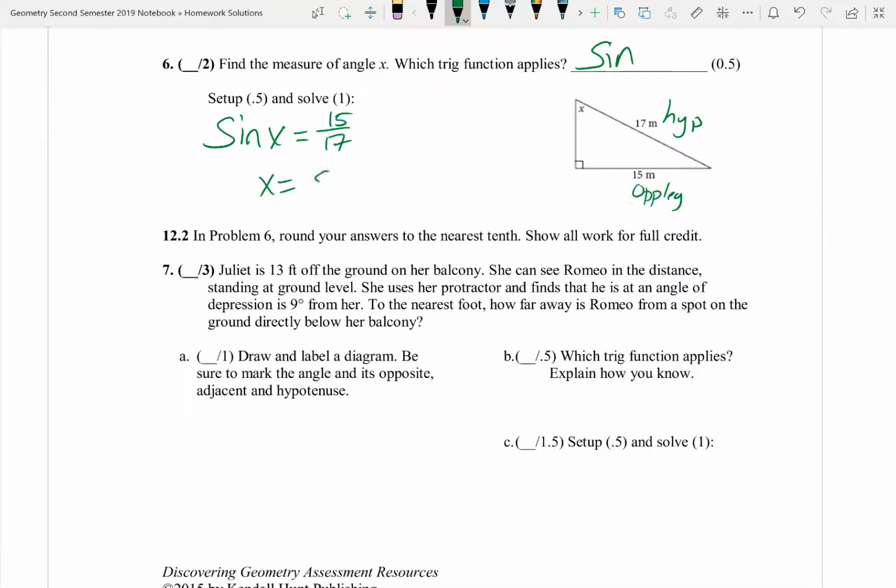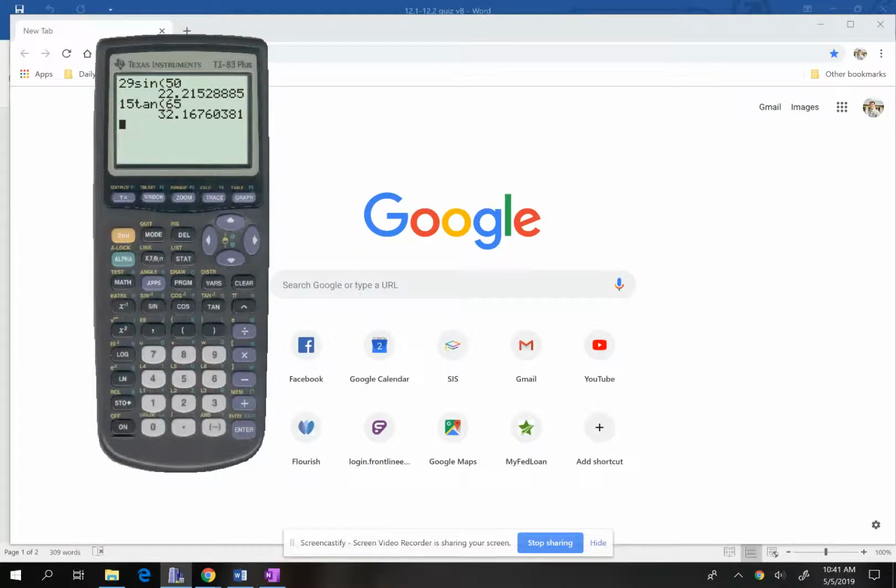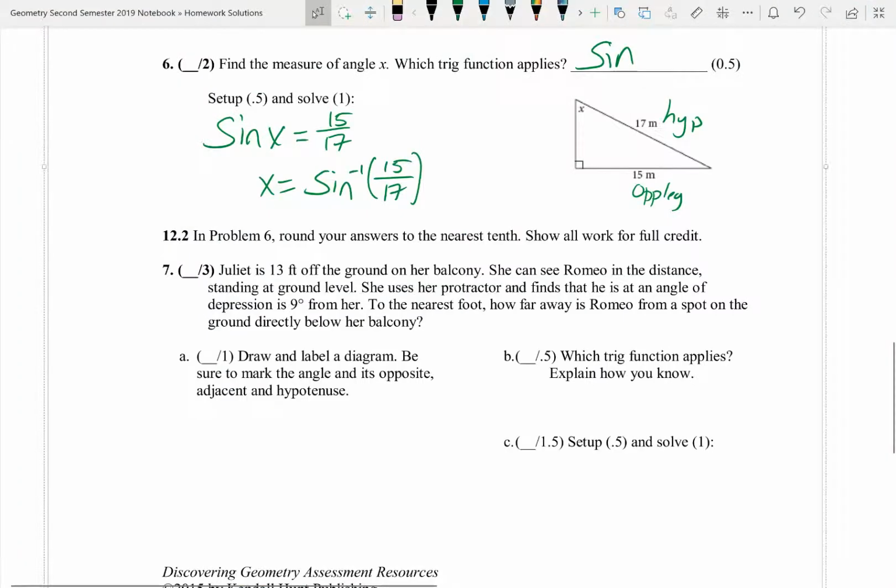So x is going to equal inverse sine, written just like this, of that ratio. And I'll go ahead and put that into my calculator. So second sine 15 divided by 17 is 61.9, or about 62 degrees.